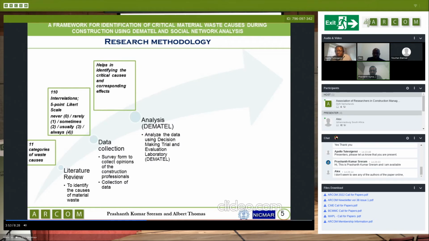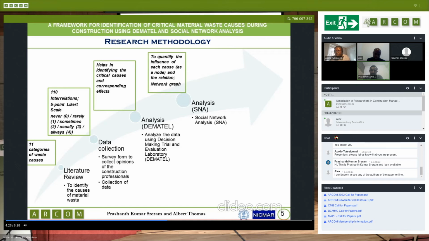The data collected is analyzed firstly using decision-making trial and evaluation laboratory, DEMATEL in short, and it was used because it will be helpful in identifying critical interrelations from the total possible relations, and also can categorize these 11 groups into a cause and effect map so that project managers at site can prioritize which one to be controlled.